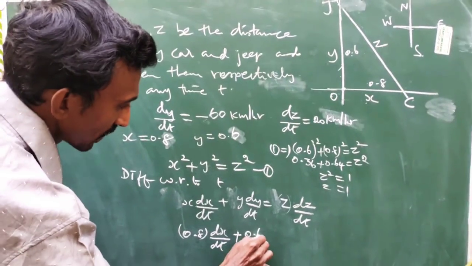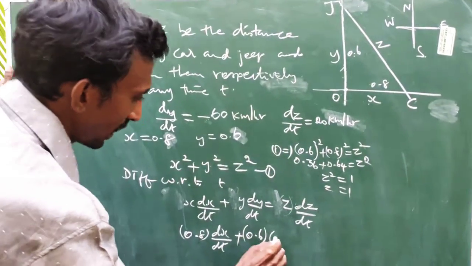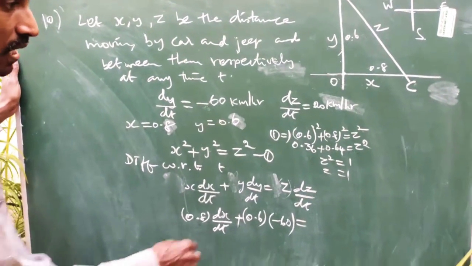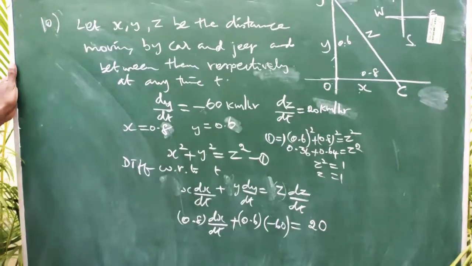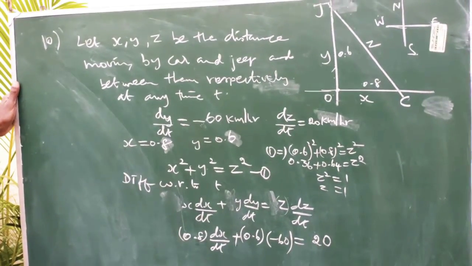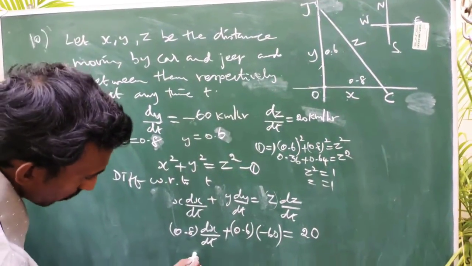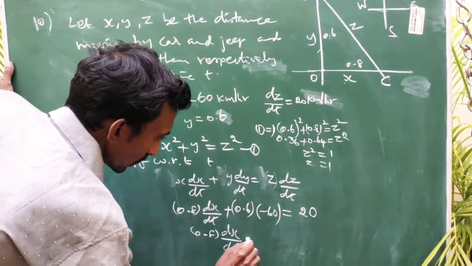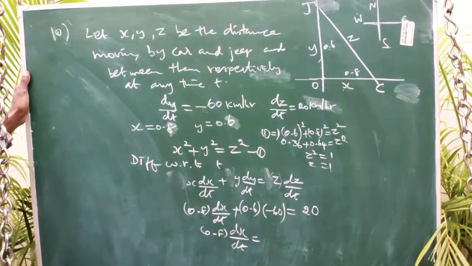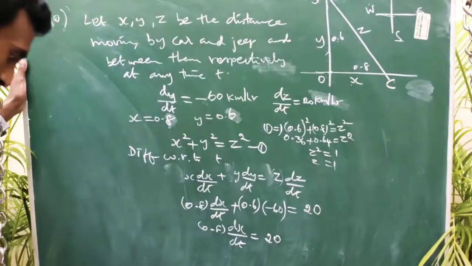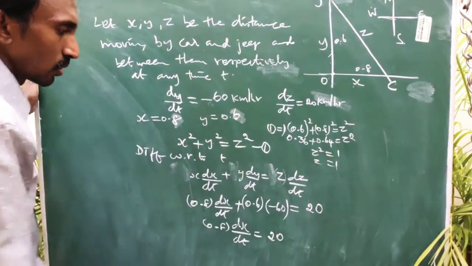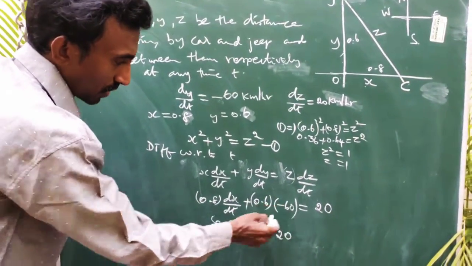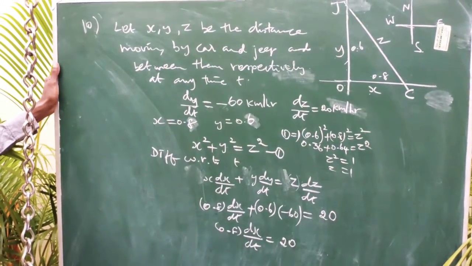So 0.8 into dx by dt plus 0.6 into minus 60 equal to z value 1 into 20. So 0.8 dx by dt, then 6 into 6, 36, minus 36 equal to 20.